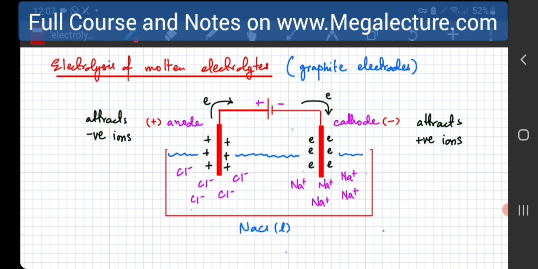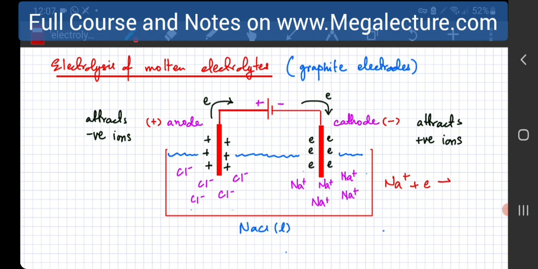So we're going to learn how to write the half reaction that's happening at the cathode. Sodium is +1, which means that it's short of 1 electron. +1 means that it lost 1 electron somewhere, so that's why it's got a positive charge. So +1 means that it exactly needs 1 electron. I've got this Na+, and the battery is pushing electrons onto the sodium ion, so it's going to gain exactly 1 electron.